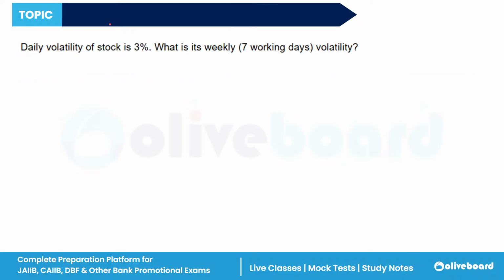See, daily volatility of stock is 3%. What is the weekly volatility? Very simple. Daily volatility and just do the square root of T. That is 3 multiplied by root of 7.